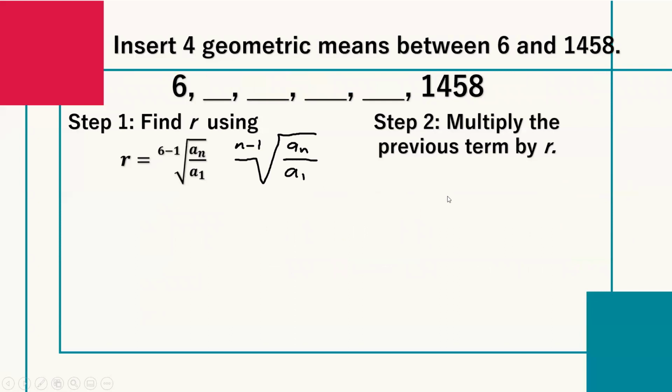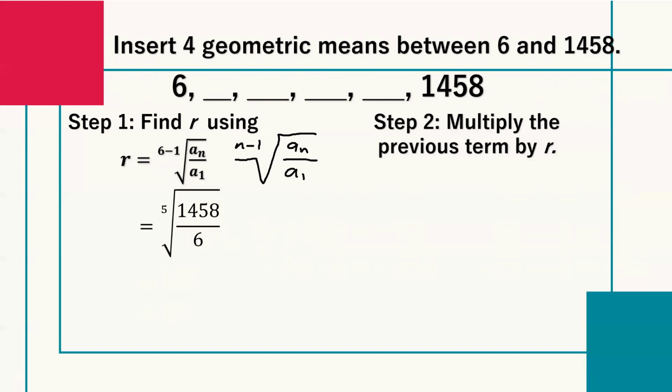Alright, so meron pa tayong example dito. So insert 4 geometric means between 6 and 1,458. First, we have here 6 terms. 1, 2, 3, 4, 5, 6 terms. So ibig sabihin, isang value lang yung makukuha natin for either positive or negative sign.